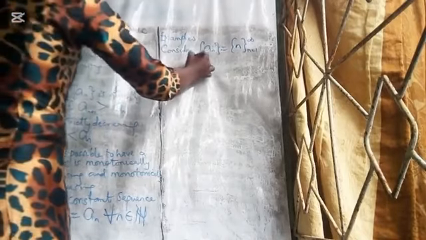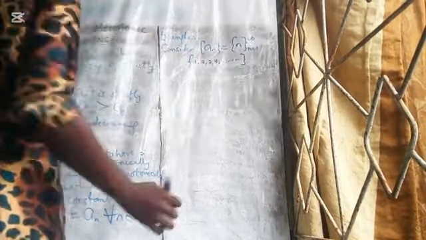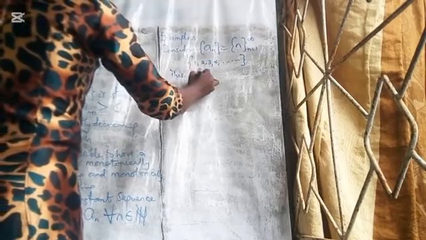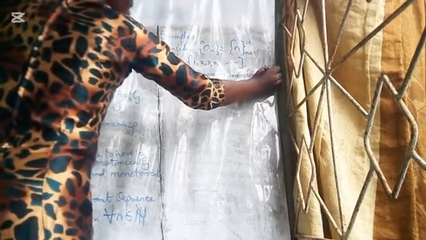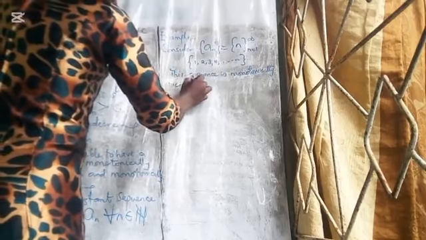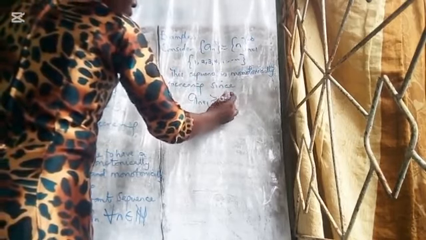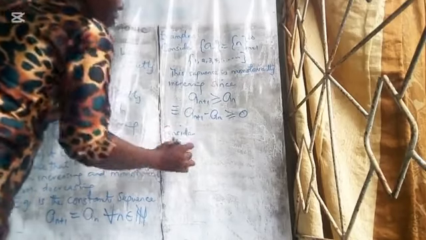What are the terms of the sequence? 1, 2, 3, 4, and so on. We can see that this sequence is monotonically increasing, since a sub n plus 1 is greater than or equal to a sub n. How about we consider the sequence of the square of numbers.